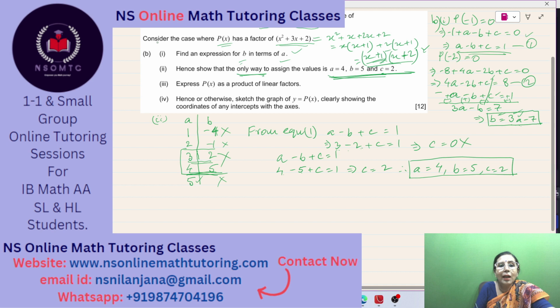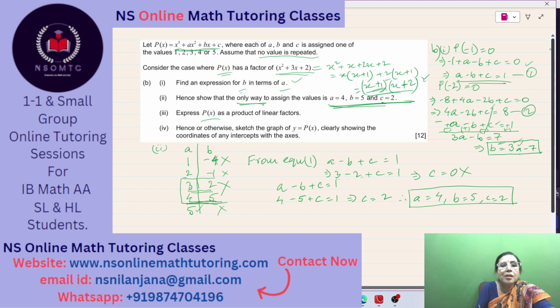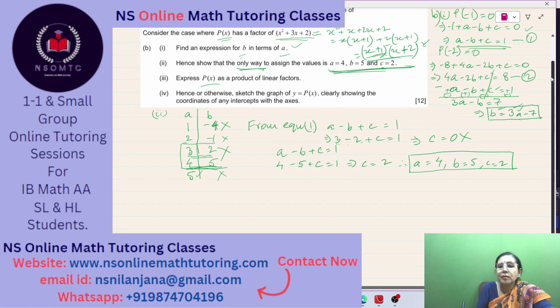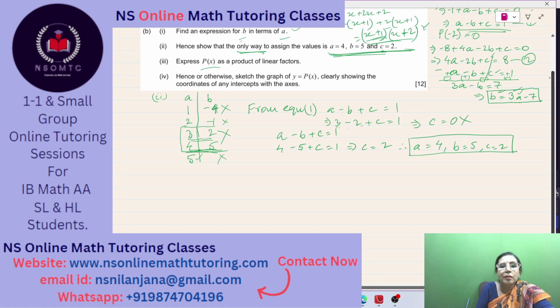Now I express P of x as a product of linear factors. So P of x was x cube plus ax squared plus bx plus c. P of x is equal to x cube plus ax squared.